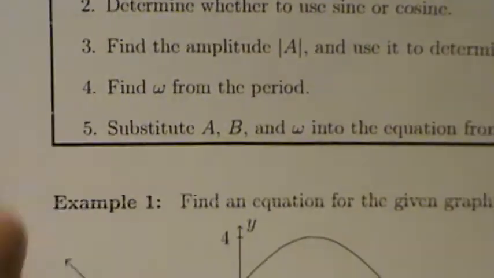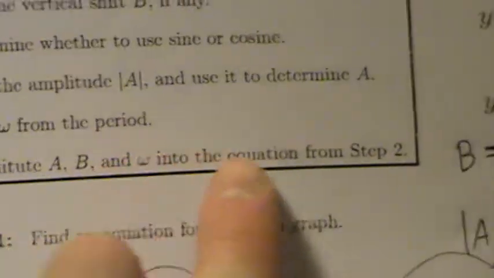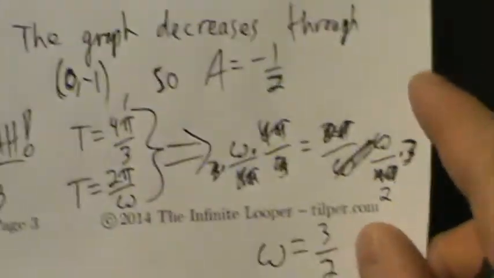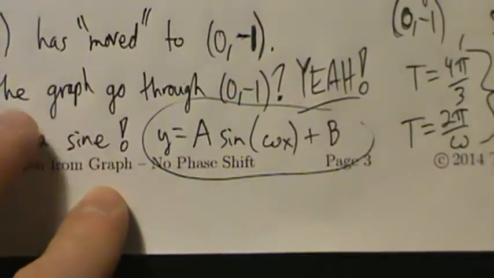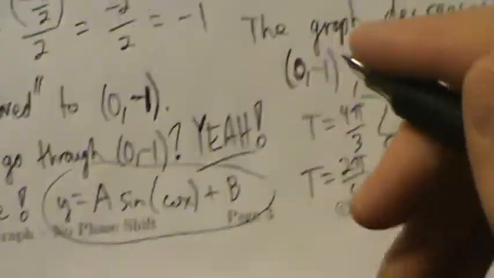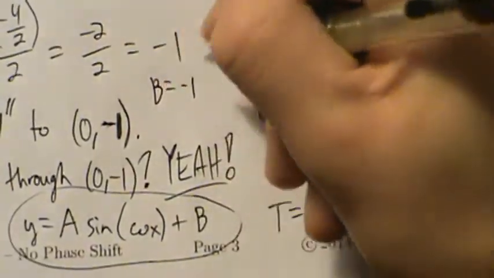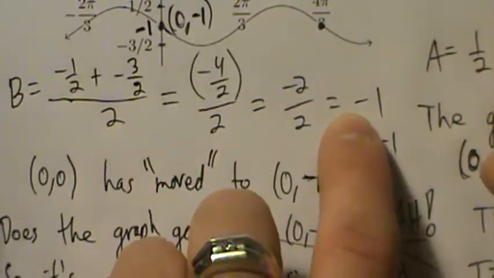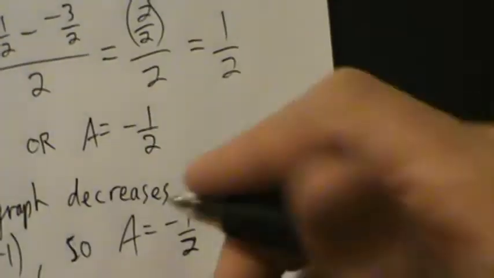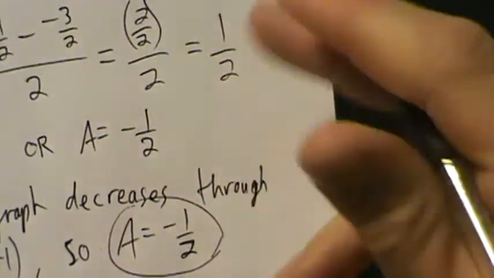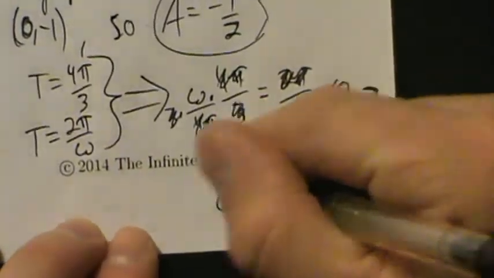Now step 5: substitute a, b, and omega into the equation from step 2. The equation from step 2 is right here. We found b equals -1, we found a is -1/2, and we just found omega is 3/2.